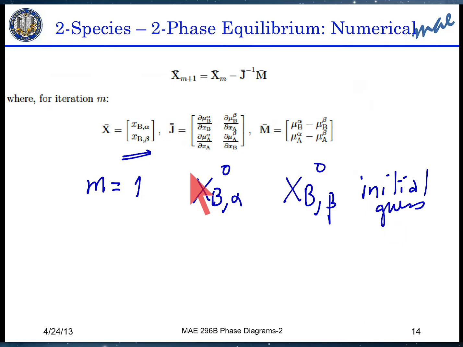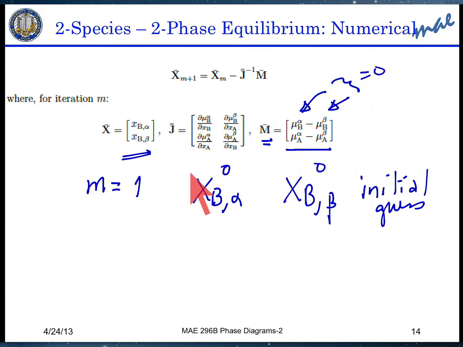And then we would go to, now if the initial guess is right, then this vector m, which is the difference in the chemical potentials of element B in the two phases, should be 0 when we have equilibrium. But if it is different from 0, then we can use it to find a better estimate.